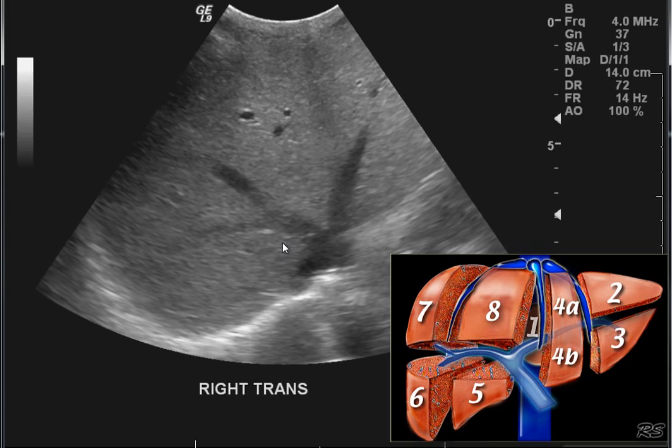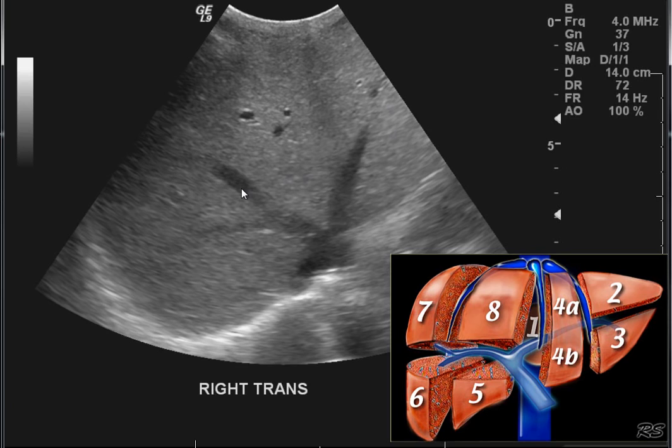Now, when you go to body imaging, you will see that we will detail segments 2, 3, 4A, 4B, 7, 8, those things. That is better portrayed on CT. However, the left hepatic vein borders the medialmost margin of 2 and 3.